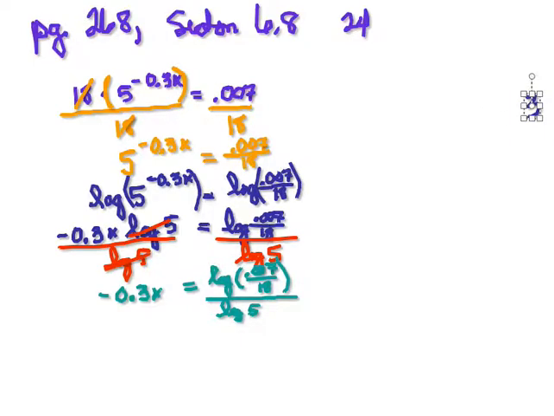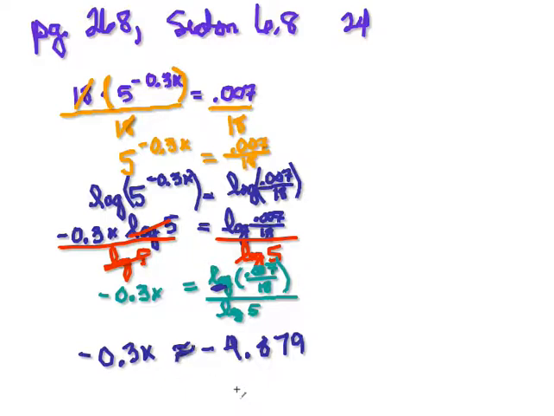When I did all of this, I pressed the log of 7 thousandths divided by 18, and then I divided that by the log of 5, and I got approximately -4.879, rounded to the nearest thousandths place. So -4.879 is approximately equal to -3/10 x.